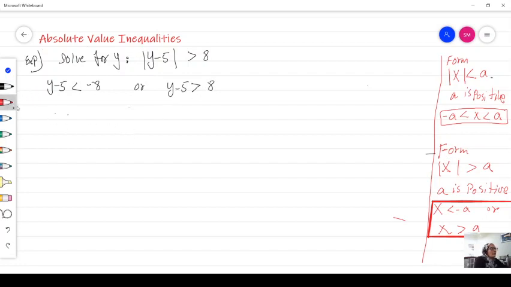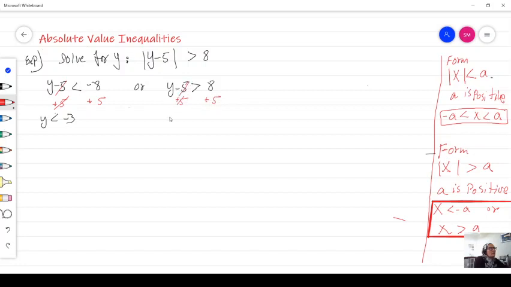Now we have to solve this. We have to isolate y because they said solve for y. So you add 5 to both sides. And they cancel, and I'm left with y less than negative 8 plus 5, which gives me negative 3. Then up here, again, we will add 5 to both sides because it's subtracting, so the opposite operation is addition.